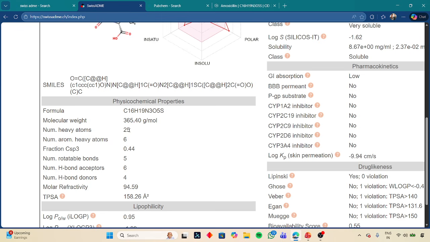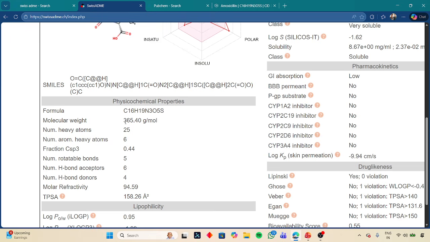Number of heavy atoms. So here comes a tweak: what are heavy atoms? I hope that you guys are writing all those things down. Heavy atoms are nothing but all the elements that are present apart from hydrogen. So in the molecular formula we have C16H19N3O5S.